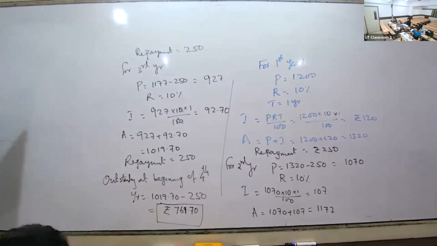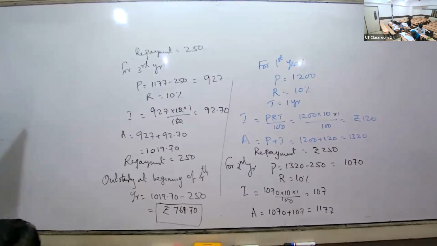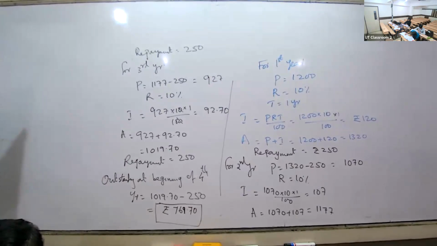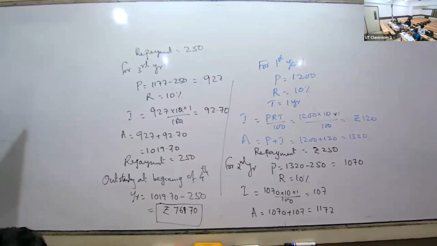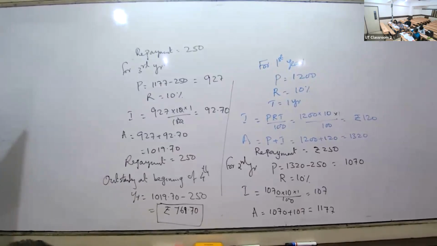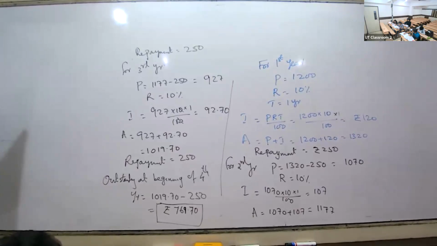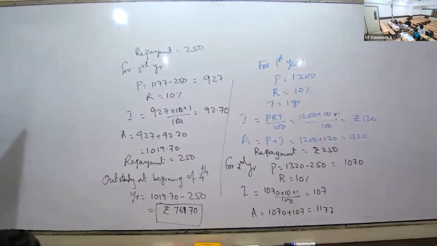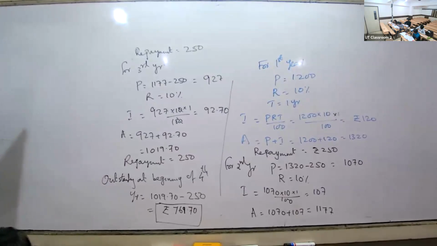So let's start for the first year. Principal 75,000, rate R 15%, time 1 year.